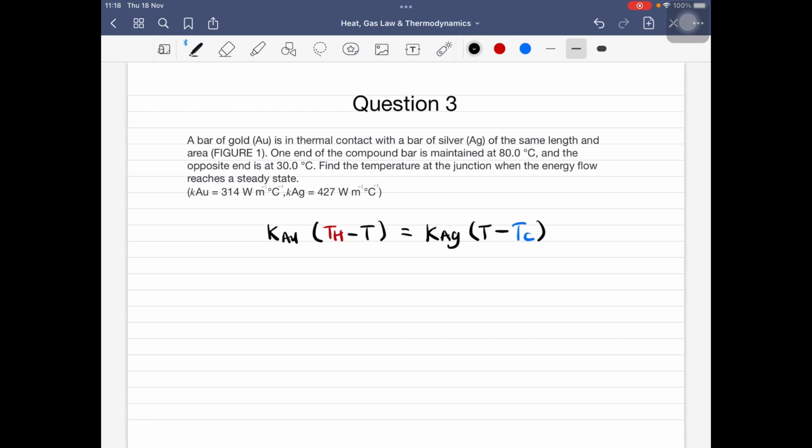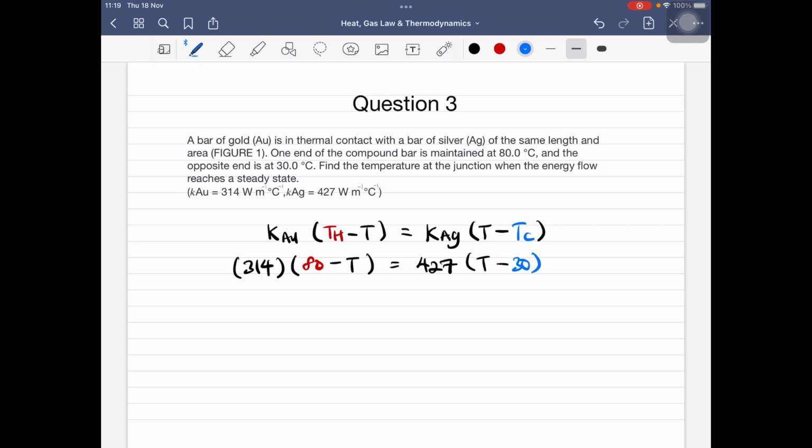So K of gold is equal to 314 watt per meter per degree Celsius, times 80 degrees Celsius minus T, which is unknown, equal to 427, again T is unknown, minus T cold, which is 30 degrees Celsius.